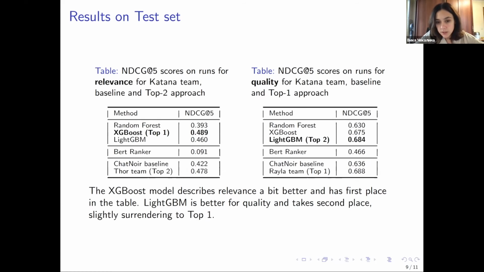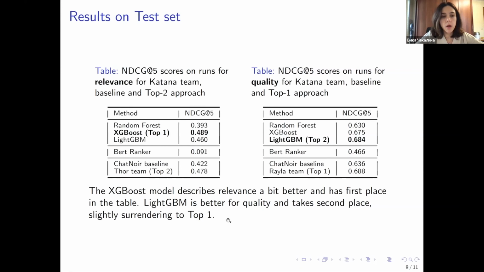Then goes XGBoost, then goes baseline, random forest, and BERT. BERT in the quality direction has better performance, but still the least performance among all the proposed models.